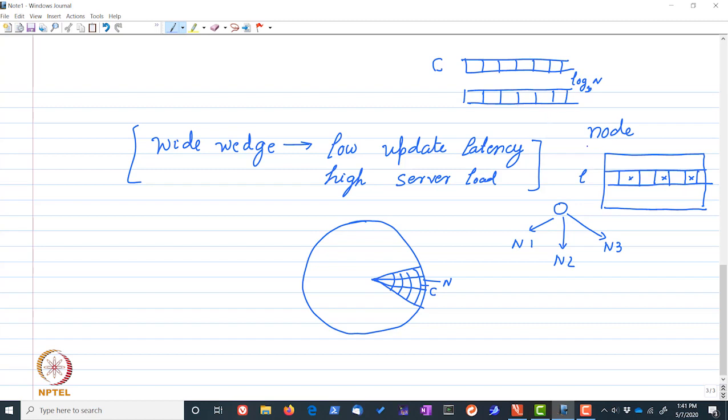When it reduces the polling level to any L, which in this case is log n minus 1, it will essentially go to a row in its routing table, where it will see all the nodes which have L matching prefix digits, and then depending upon the next digit there will be a set of nodes which will be N1, N2 and N3.